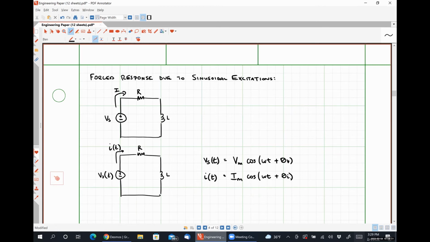So effectively, what I'm trying to impress upon you is that if we excite a circuit with a sinusoidal signal, we should expect that all of our voltages and currents across all of our elements will also be sinusoidal in nature. Does anybody have a problem with that?